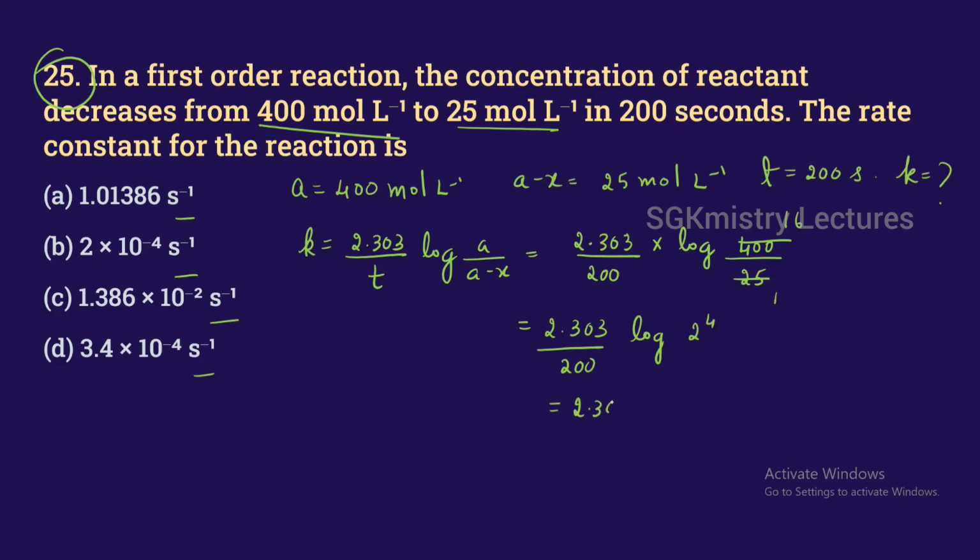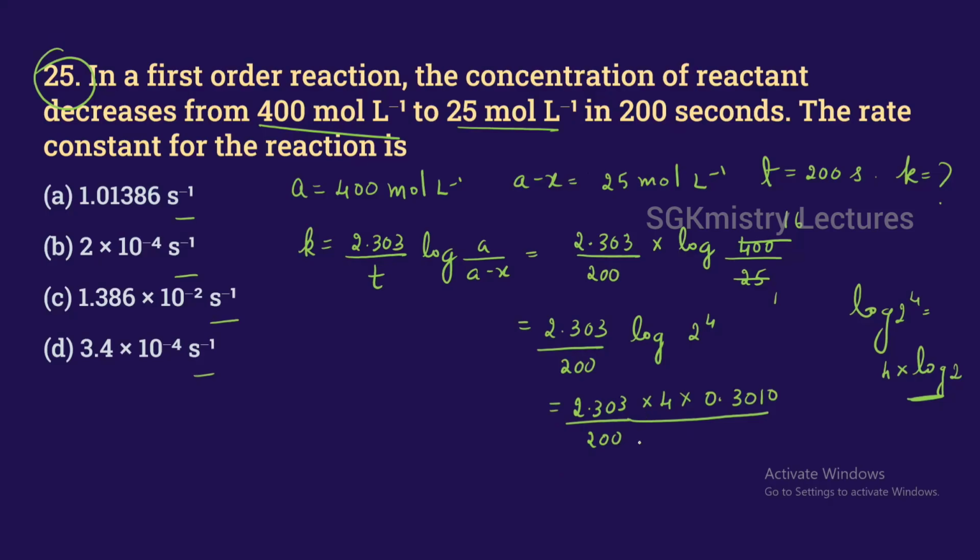According to the log rules, log 2 to the power of 4 is equal to 4 into log 2. So I bring 4 this side into log 2, which is 0.3010. Now do the calculations: 2.303 into 4 into 0.3010.